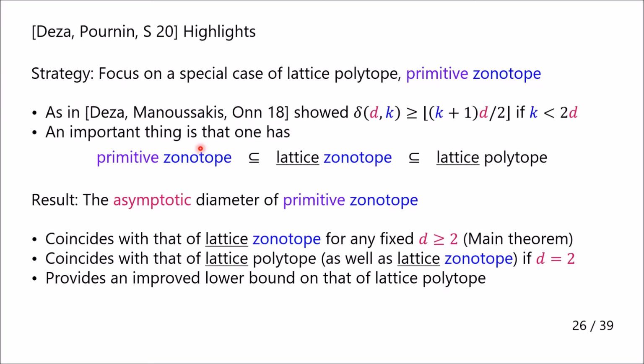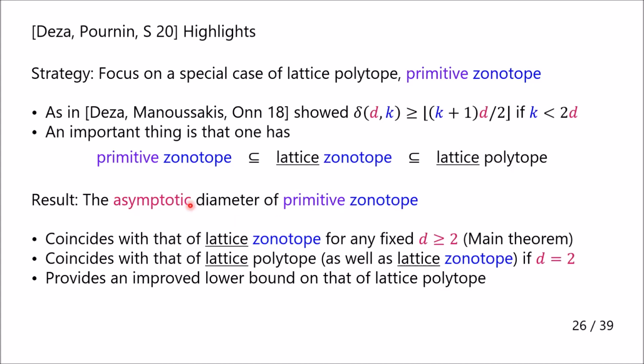And an important thing is this relationship. Okay, primitive zonotope is a special case of lattice zonotope, and lattice zonotope is a special case of lattice polytope. And what we proved here is the asymptotic diameter of primitive zonotope.